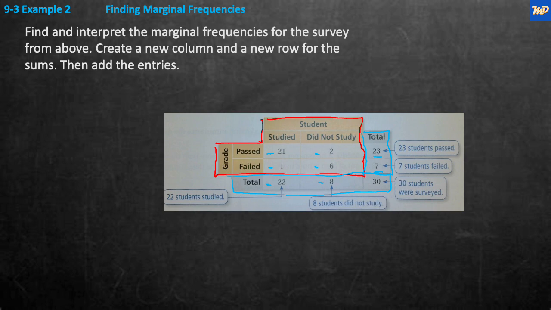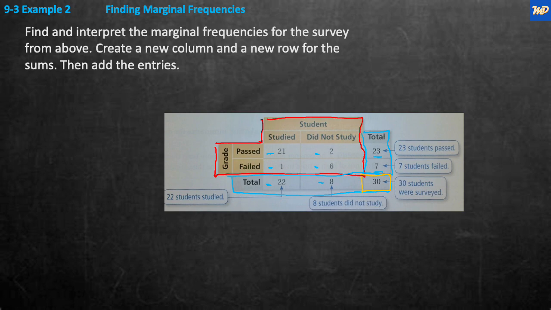And then finally at the very bottom, right down here, I'll draw it in orange, this is the total from both ways. So 22 plus 8 is 30, and 23 plus 7 is 30. So now you can tell everything about this table.